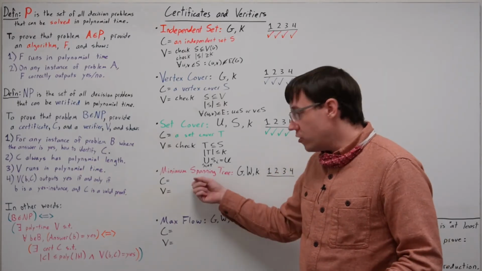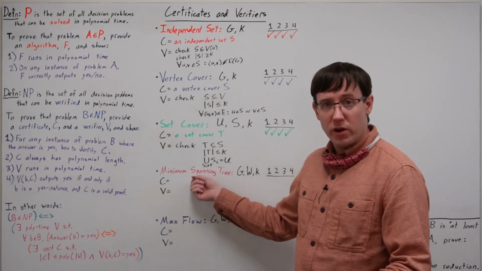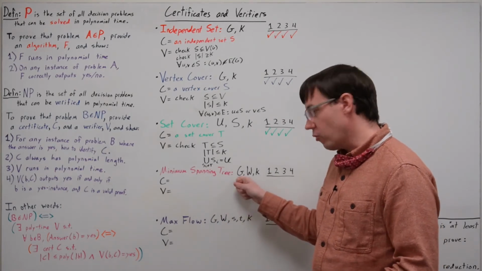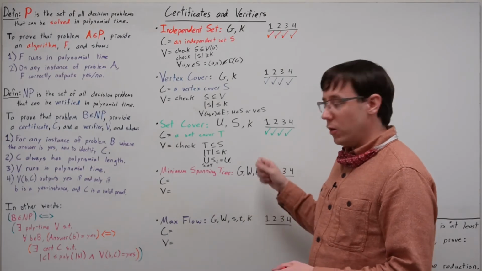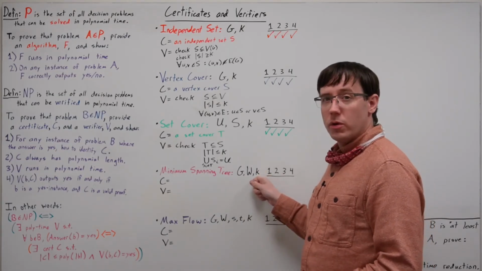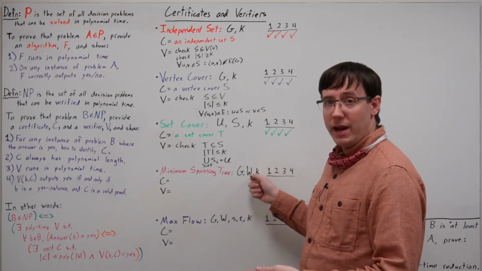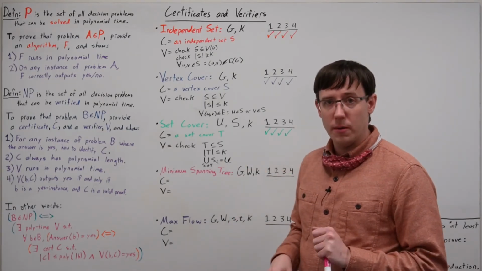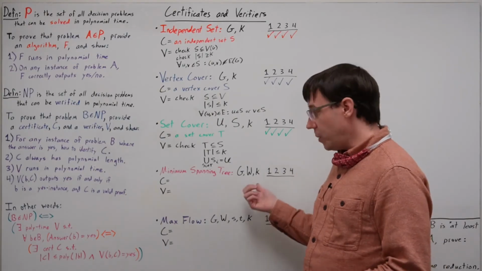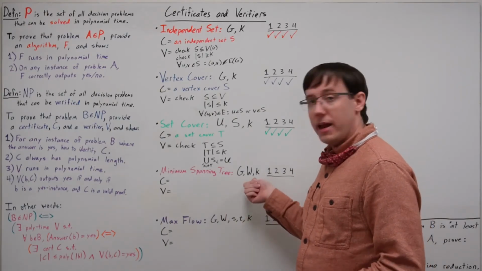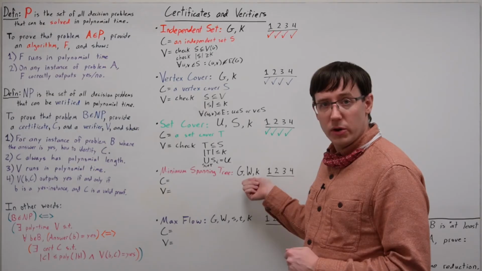For the decision version of the minimum spanning tree problem, we were given a graph with weights, and we were given a threshold where we were asking, is there a spanning tree with weight less than or equal to this threshold? And so our certificate could be a spanning tree of the graph that meets our threshold criterion.